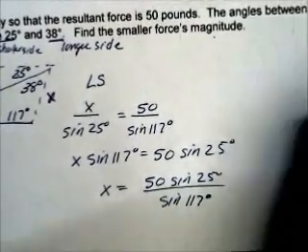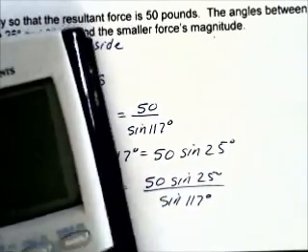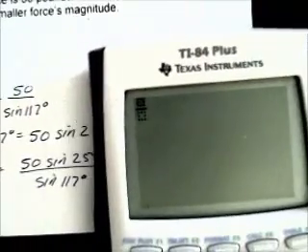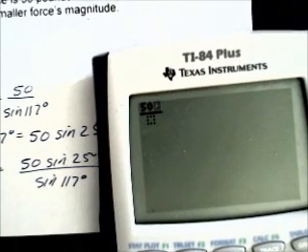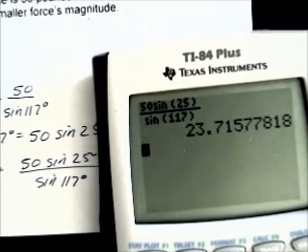And go to the calculator. Alpha y equals 50 sine 25 divided by sine 117. Find the smaller force's magnitude to the nearest pound. That'd be 24.